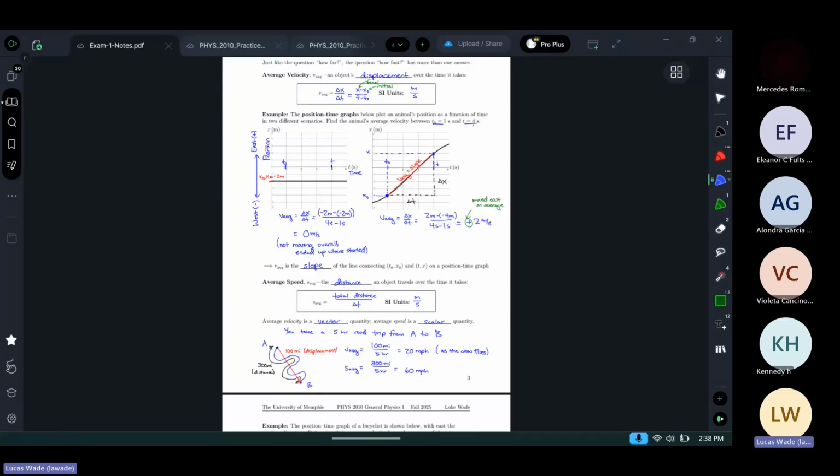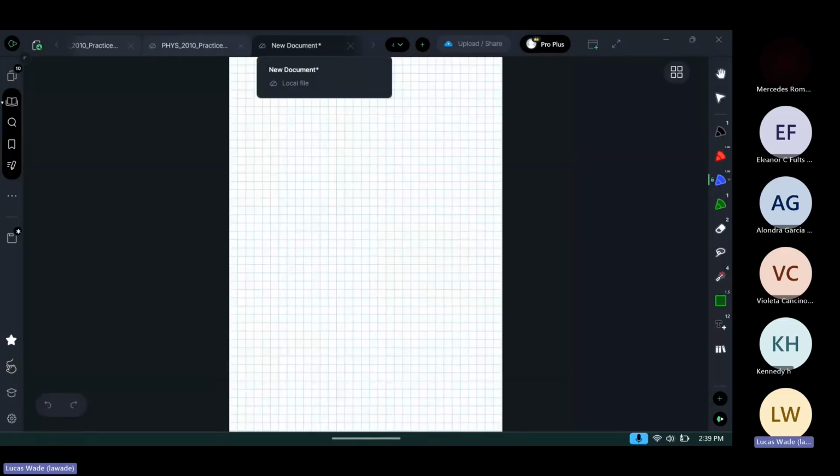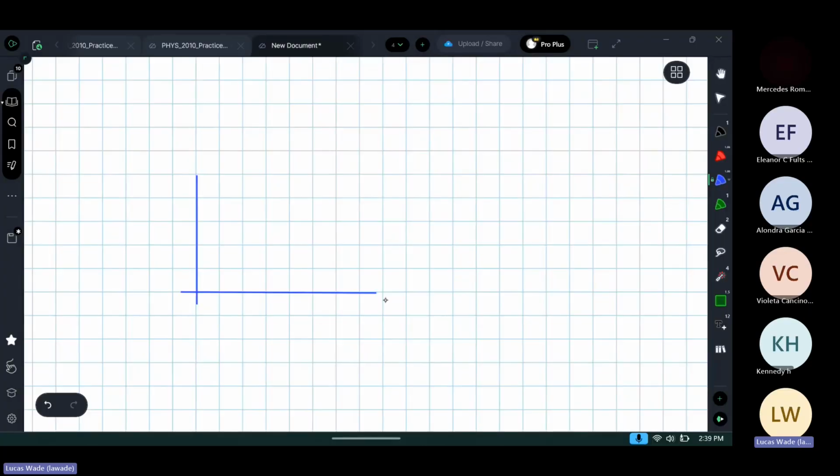So I'll come over to my graph paper over here. If I have time over here, position over here, and my graph looks something like maybe that. And I ask you, all right, this is 1, 2, 3, 4, 5, 6, 7 seconds.